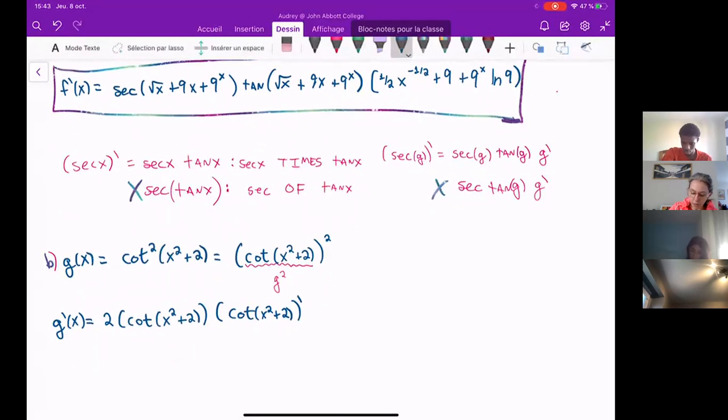Okay, now here I have cotangent not of x, but of a whole function.